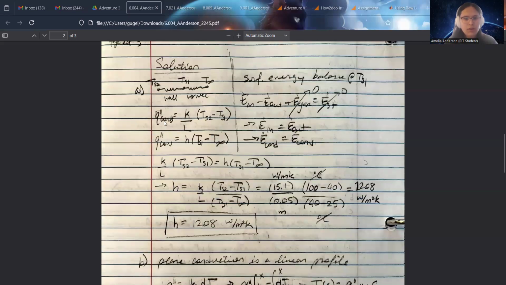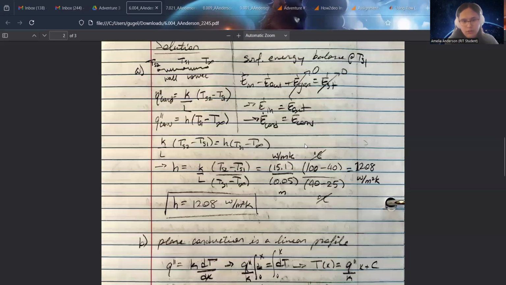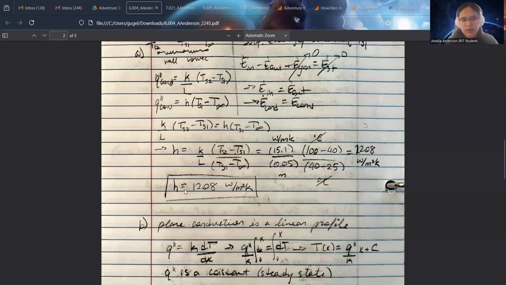So we've got some heat flux equations here. This is the same as the heat equations, but it's flux because we took out the area, so it's per meter squared. We set them equal to each other based on our surface energy balance, do a little bit of math, and calculate an h of about 1200 watts per meter squared Kelvin. For forced convection with the liquid, that seems about right.